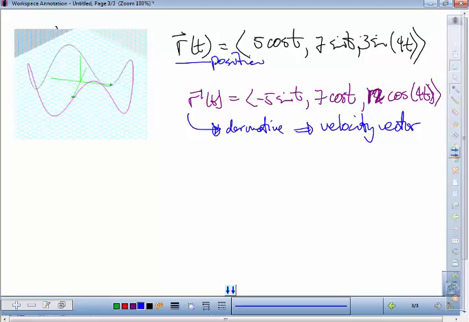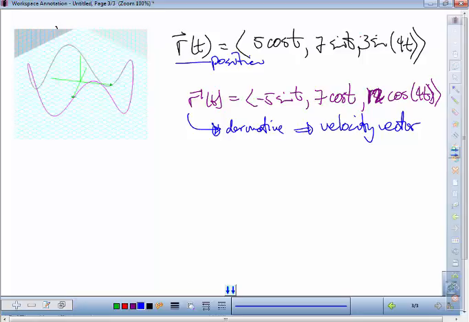So now we have a velocity vector, and like I was trying to say, the velocity vector is not very useful as seen from the origin, as a position vector.